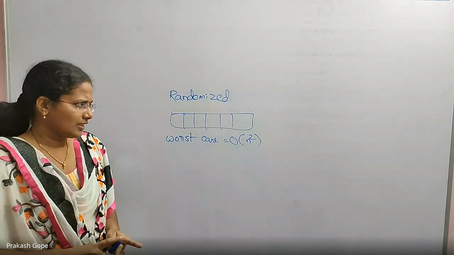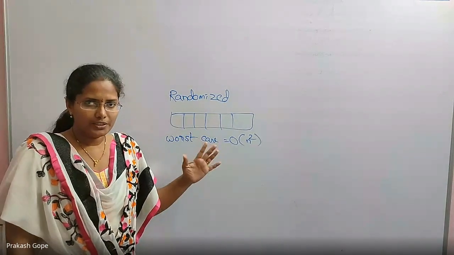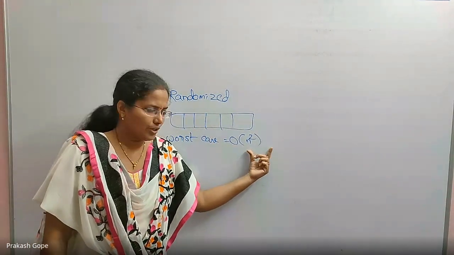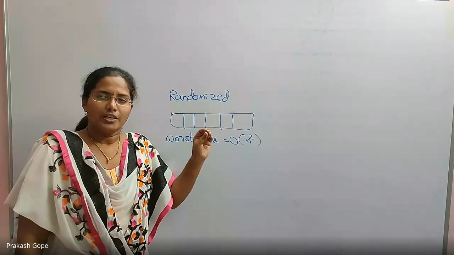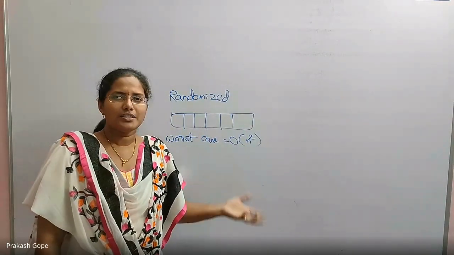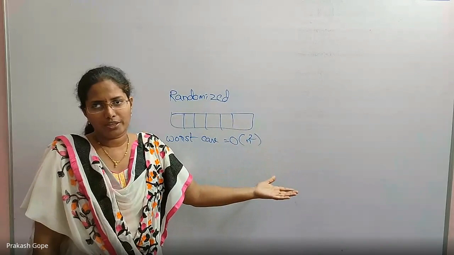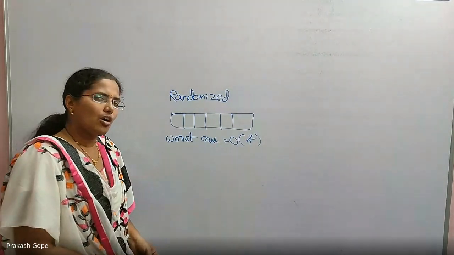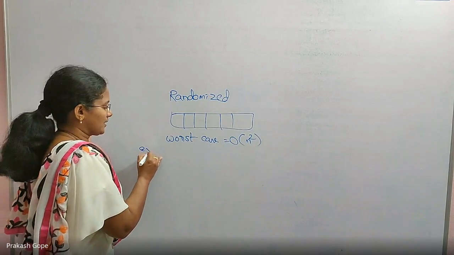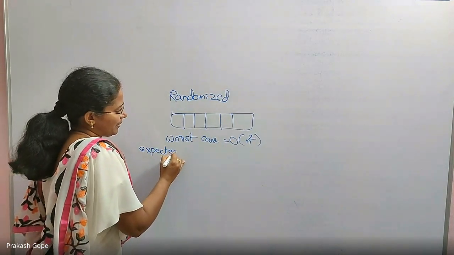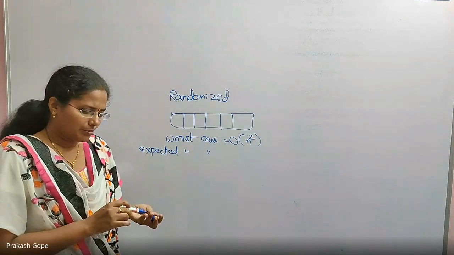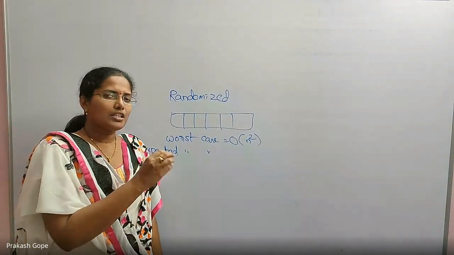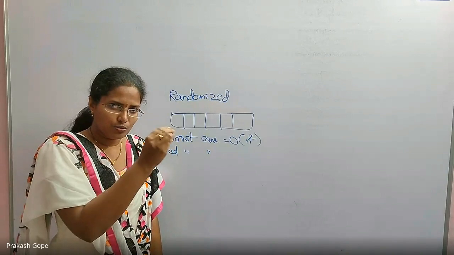But that doesn't always happen, right? If we assume that every time the randomly picked element goes to the extreme, yes, that's why we say the worst case is n square. But there is something called expected worst case. Expected worst case is calculated based on statistics. Randomly we picked; what is the possibility that it will go to which place?